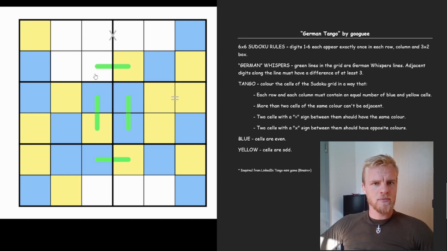Anything else? We still need 1 blue and 2 yellows. One blue and 1 yellow.